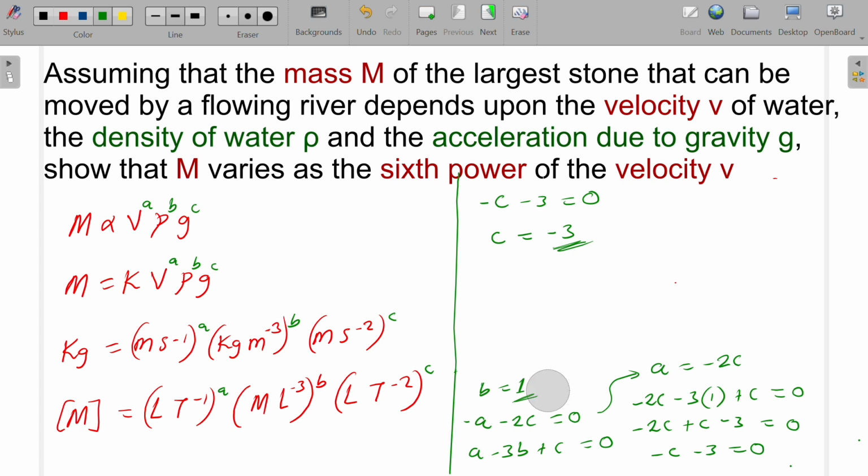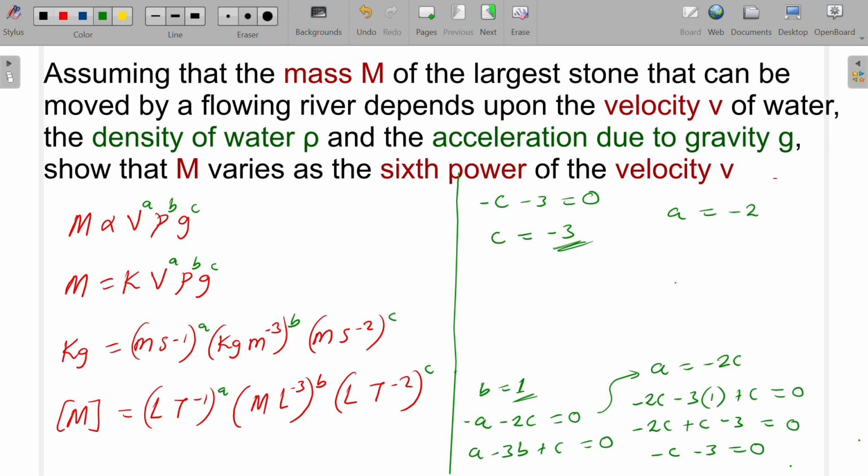All right. Since we have the values of c and b, let's use the second equation, minus a minus 2c is equal to 0. Or rather, we can just use this one here, where we established that a is equal to minus 2c. If a is equal to minus 2c, we can bring in the value of c and find our answer.